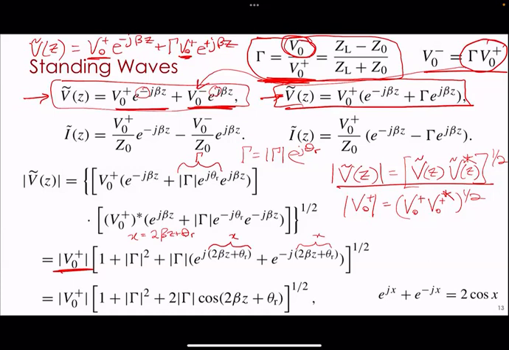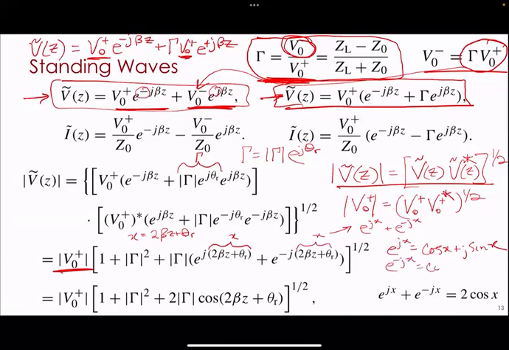Which means what we have here is like e to the jx plus e to the minus jx. All right, for e to the jx, we can use Euler's formula: that would be cos x plus j sine x. E to the minus jx is the same thing, but we just have to flip the sign.